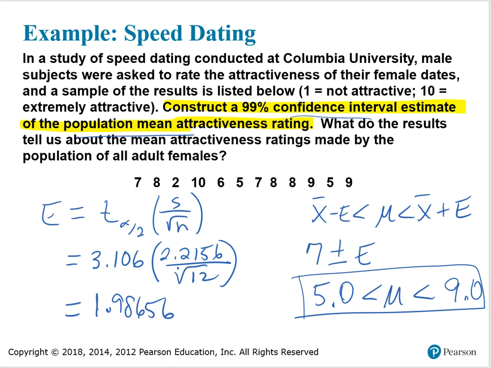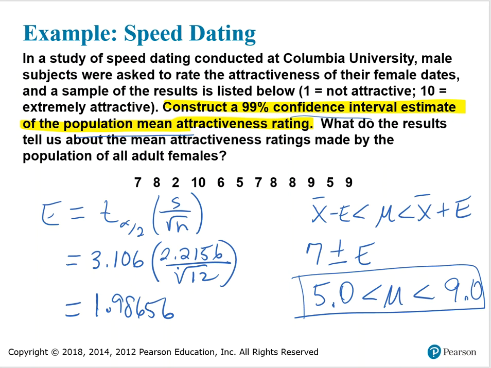So the follow-up question is, what do the results tell us about the mean attractiveness ratings made by the population of all adult females? Well, this was a study of speed dating conducted at Columbia University, and the population of Columbia University is not necessarily representative of the population of all adult females.